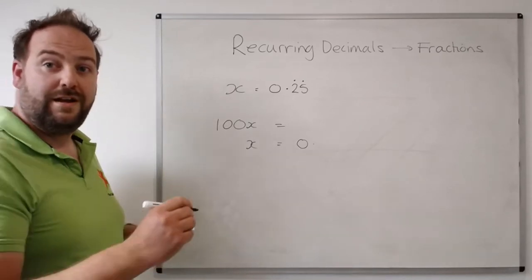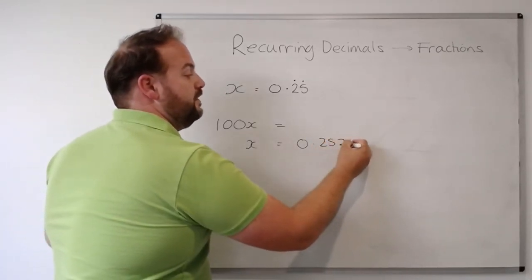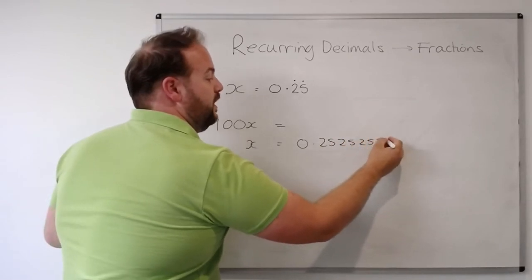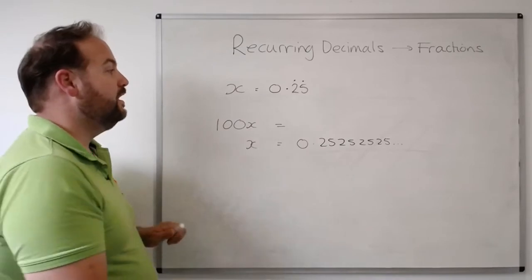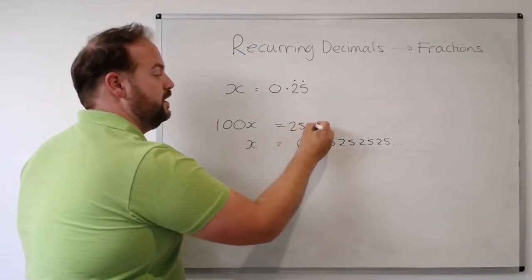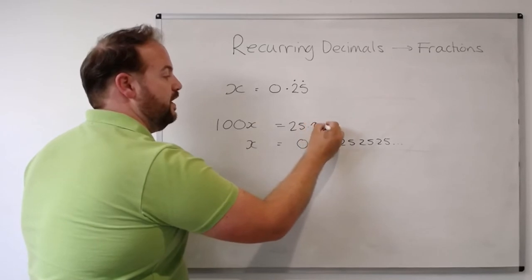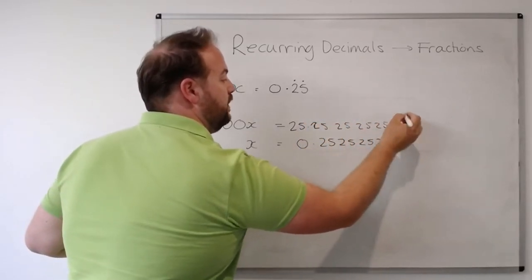Okay, let's carry on. Hopefully you have written the 25, 25, 25, 25 across here, dot, dot, dot. Quite important to have that dot, dot, dot. And times it by 100, you would have 25 dot 2, 5, 2, 5, 2, 5, 2, 5, dot, dot, dot.